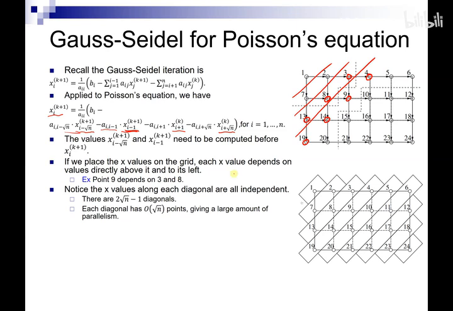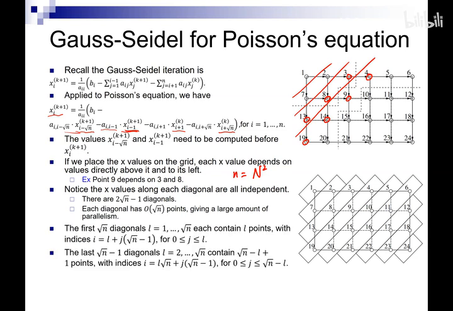Remember that n here is actually equal to big N squared. Each diagonal has at most root n points, and we can parallelize across all of the points on a diagonal, so we can get pretty large parallelism on many of the diagonals.